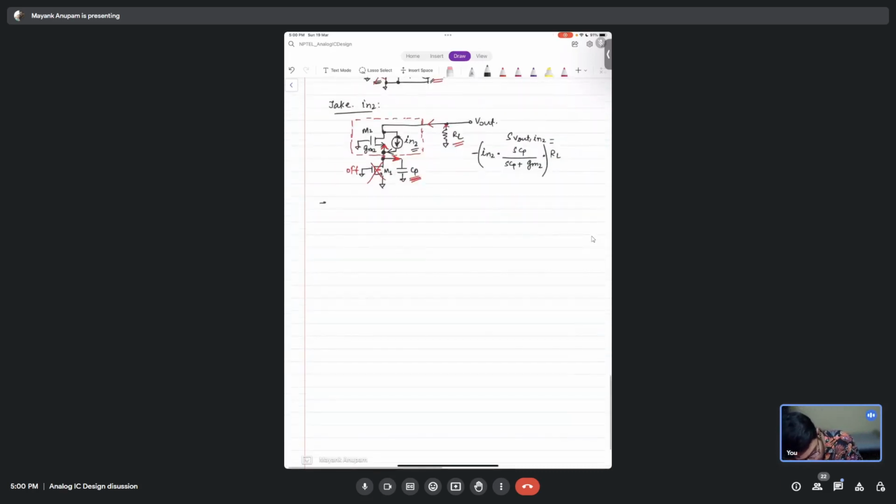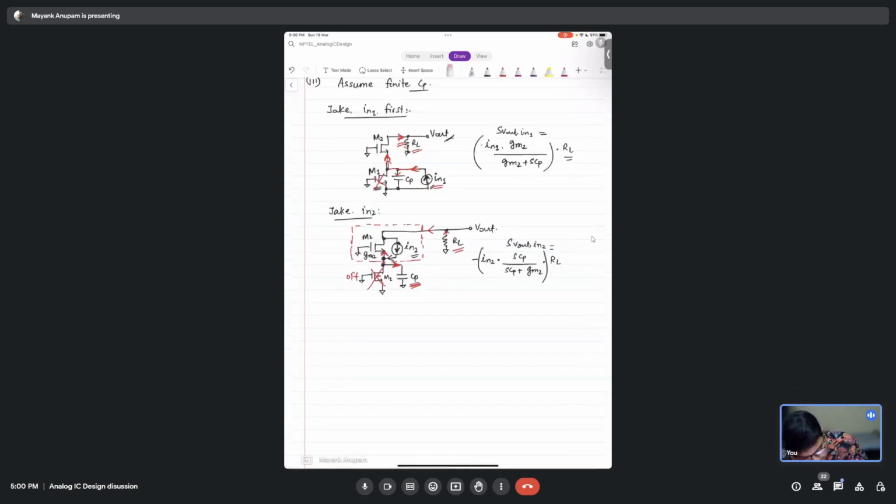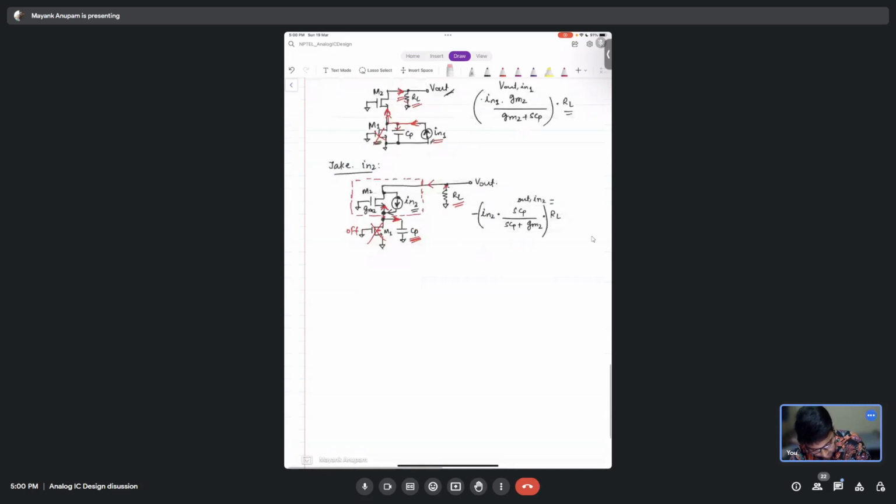So what is the total? Okay, by the way, there is a small minor mistake here. When you write power spectral density, you never write it in terms of S. First of all, this is not SV out, this is only V out due to IN1. S is basically power spectral density, and this is not power spectral density, this is only output voltage. This is also only output voltage.